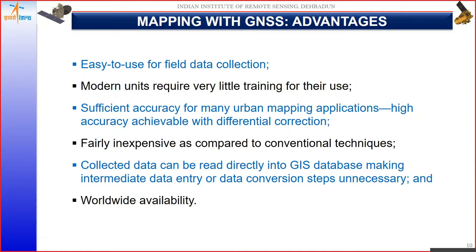If you want to capture large areas, and you have satellite data, typically even high resolution satellite data, a frame will have a swath of nearly 10 kilometers by 10 kilometers.